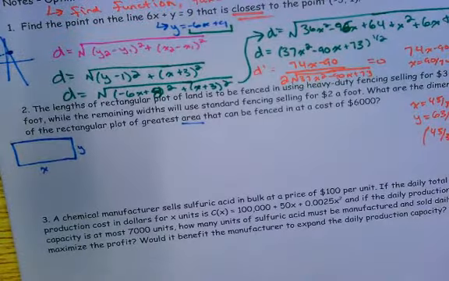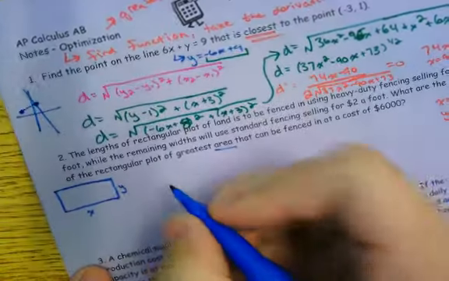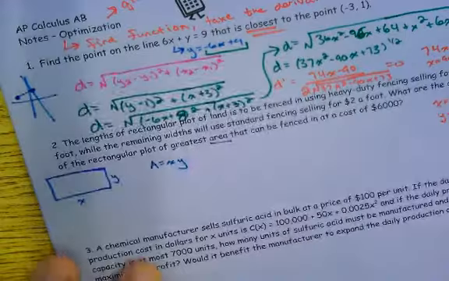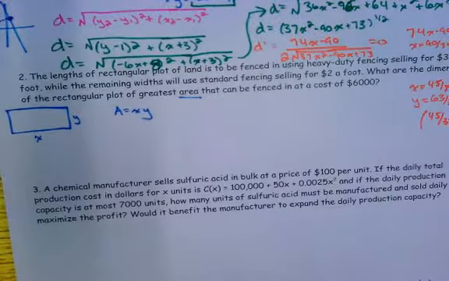Area. What's the area formula for a rectangle? A equals X times Y. Now, for optimization, I can't have two variables. I need one variable. I need either X or Y, and I can go from there. So I can't take the derivative yet. I need a helper equation.